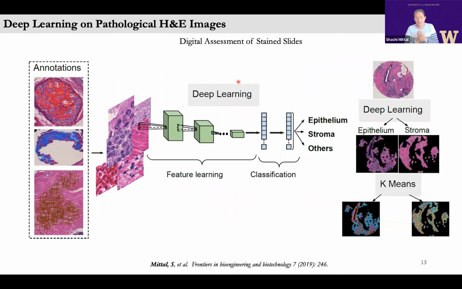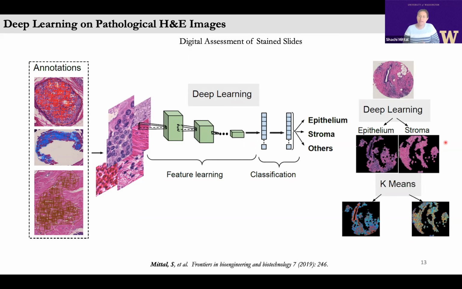So the general pipeline that we followed was to get the ground truth data, which was then cropped for the different classes that we had, which was passed on to a convolutional neural network. And the first step that we did was to build a very simple model using this convolutional neural network, which is separating epithelium, which are basically the cells, from collagen.